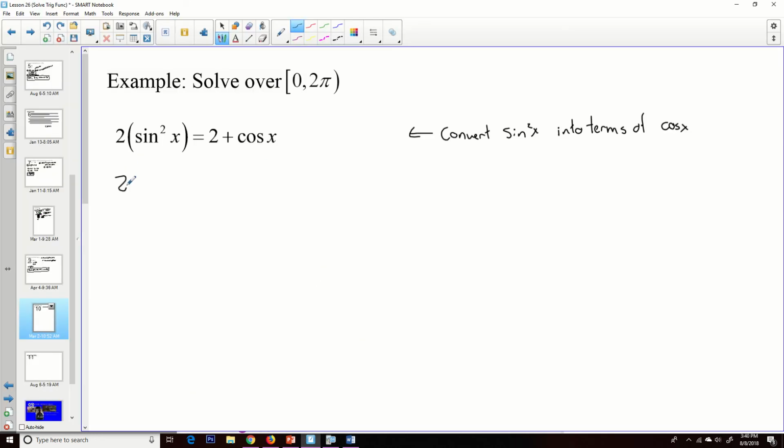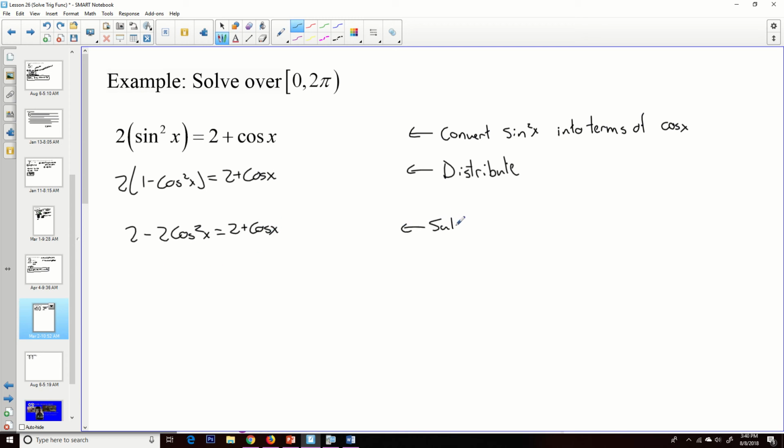So I'll have 2 times 1 minus cosine squared x equals 2 plus cosine x. And I distribute. That'll give me 2 minus 2 cosine squared x equals 2 plus cosine x. And so if I subtract 2 from both sides, that'll cancel.